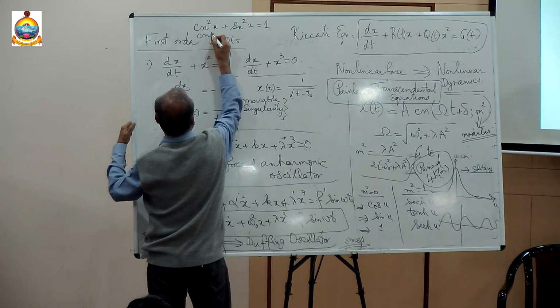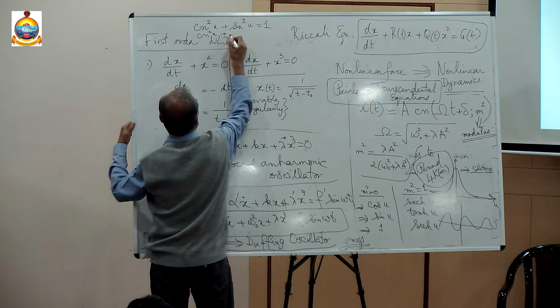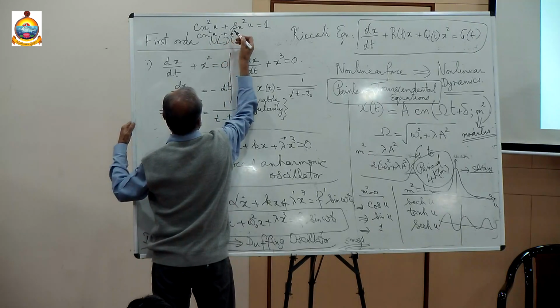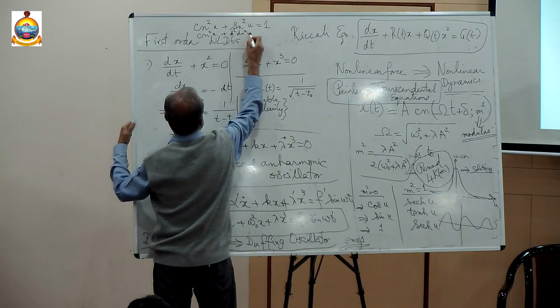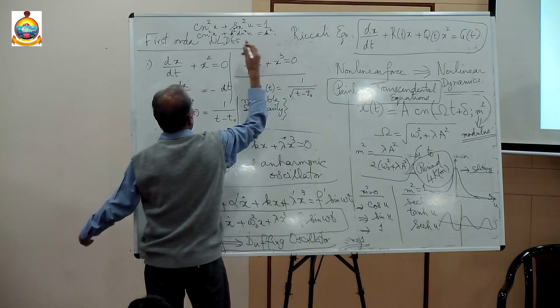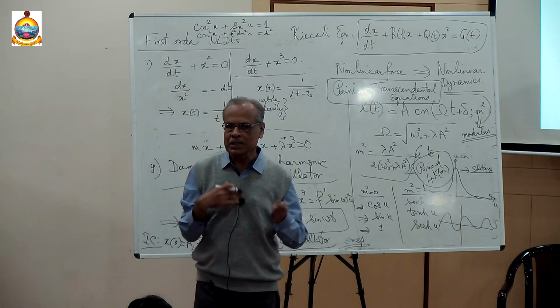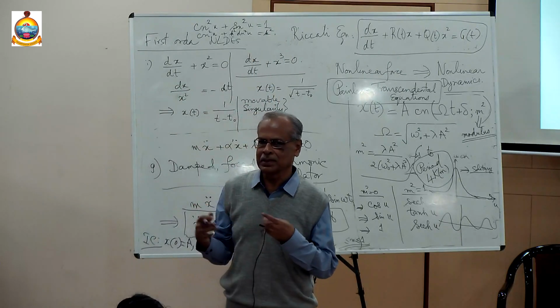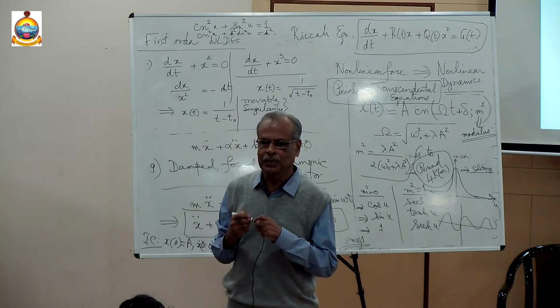Similarly, Cn square u plus k square Sn square u, I think, equal to something, it's 1 or k square or something like that. So there are interrelationships between these three functions, so that will play a crucial role.